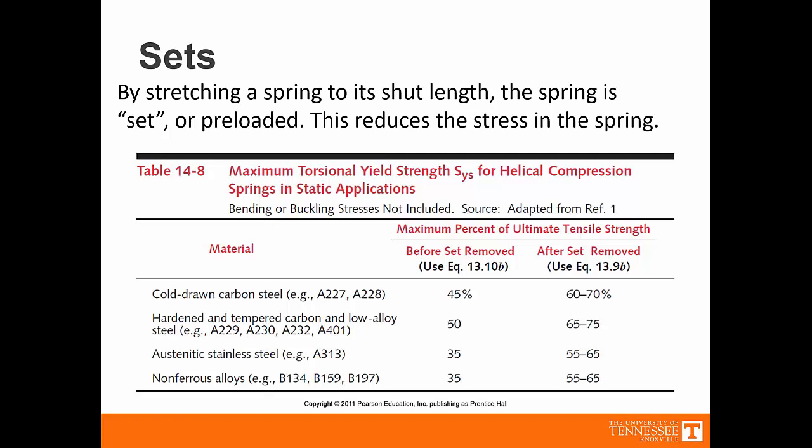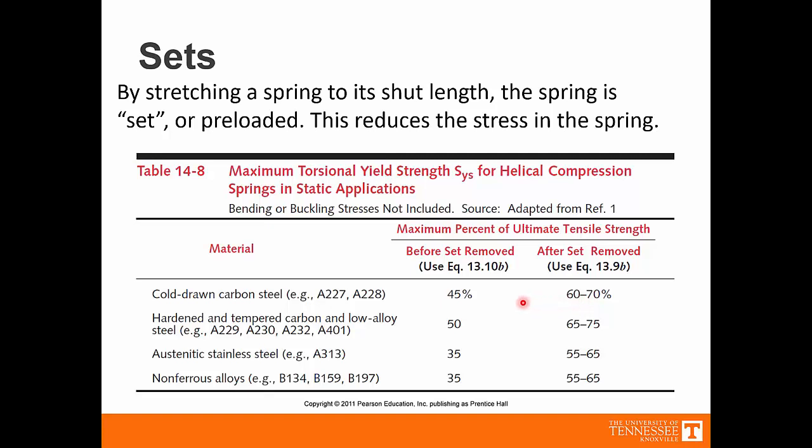So for instance, for our A227 and A228, the yield shear strength of a spring is going to be 45% of the ultimate tensile strength if I don't remove the set. But if I remove the set, then I'm going to use the bottom number, so 60%. So it means we gain a 15% strength if we're able to set the spring before we use it, or if we're able to remove the set before we use it.